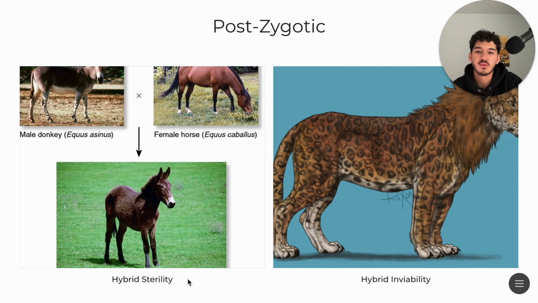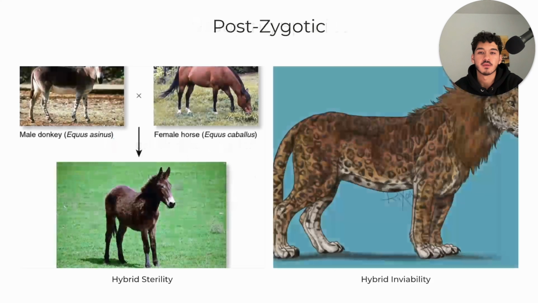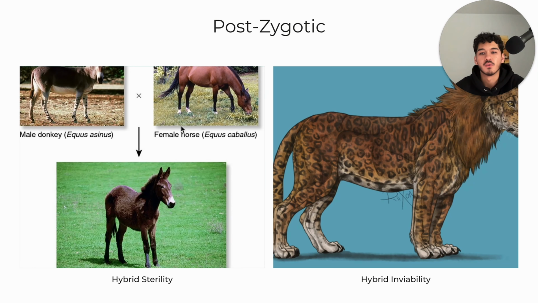Sterility means that it survives that first initial zygote formation, it's generally healthy, and it survives adulthood. An example of this is a male donkey and a female horse, and it forms a mule. Now, the mule is healthy and it survives adulthood. However, it cannot reproduce. It's sterile.